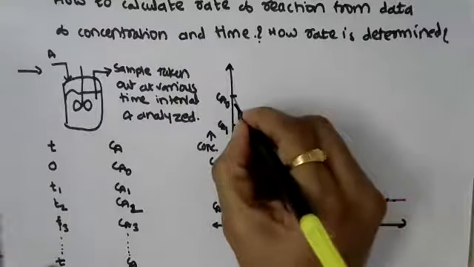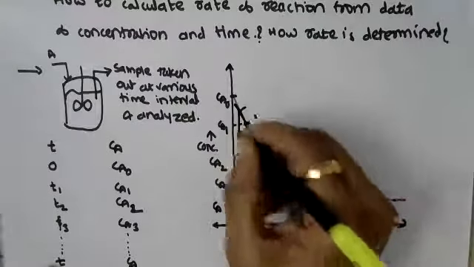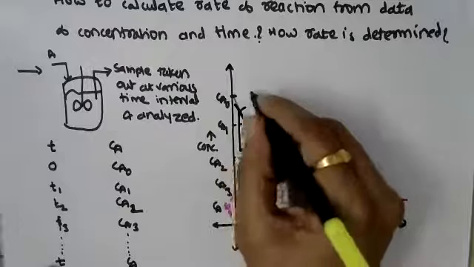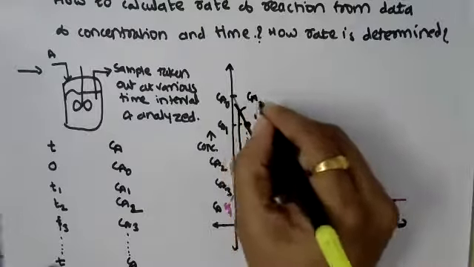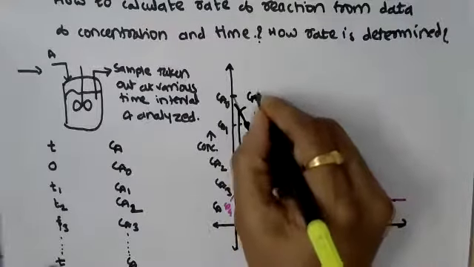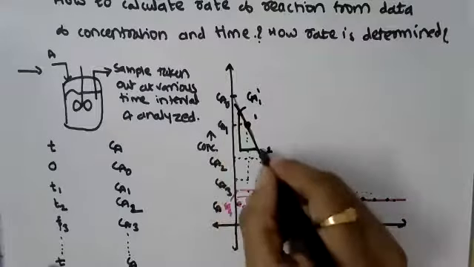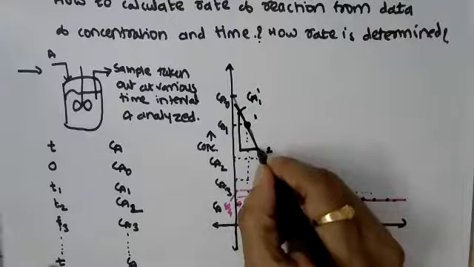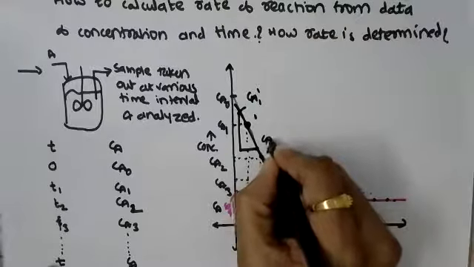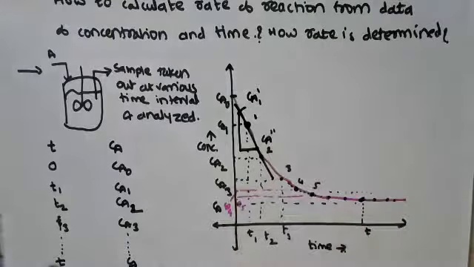Say, suppose this is Ca1 dash, the concentration corresponding to this, and the concentration corresponding to this is say Ca double dash.